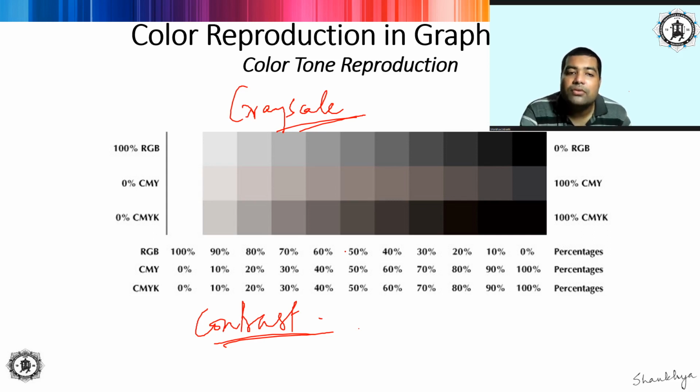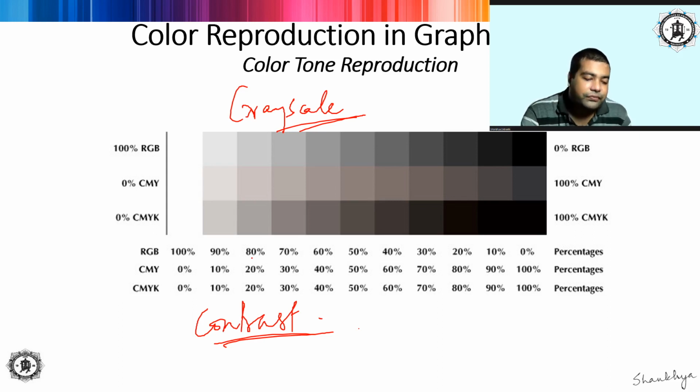If a greater number of tones are being reproduced, or even the same number of tones are reproduced, then we say contrast is high, or contrast is okay, respectively. Right? So this is what contrast is. We had also defined the mathematical relationship for contrast. So in a tone response curve, with the density of the reproduction versus density of the original, the contrast may be given as the slope of the straight line section. So that is what contrast is basically.